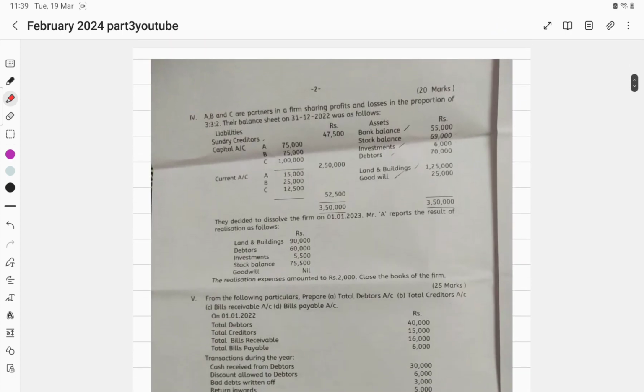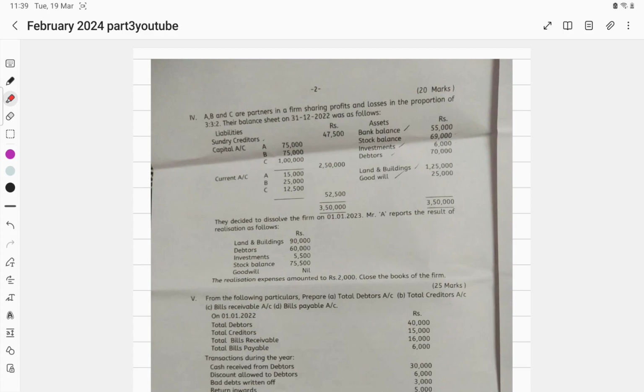Question number 4. A, B and C are partners in a firm sharing profits and losses in the proportion of 3:3:2. Their balance sheet on 31/12/2022 was as follows. Liabilities: sundry creditors 47,500, capital account A 75,000, B 75,000, C 1 lakh, overall 2,50,000.